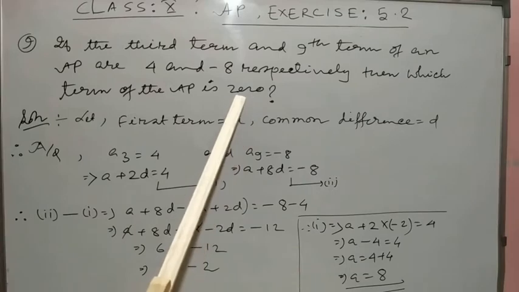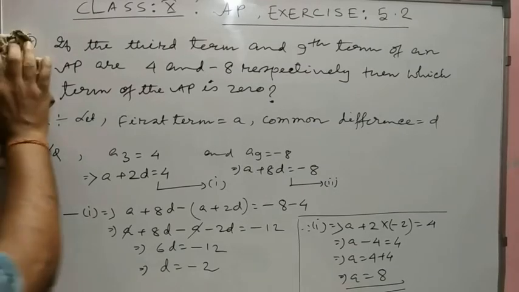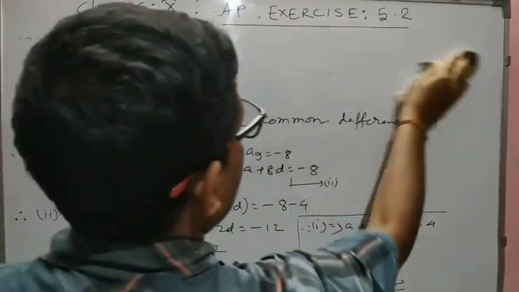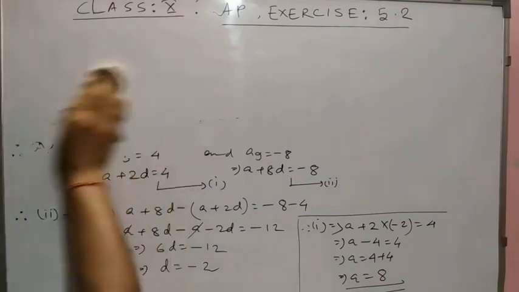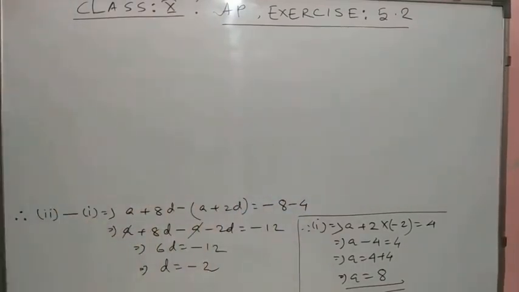We will consider 0 as the nth term of this AP. Now let 0 be the nth term of the AP.